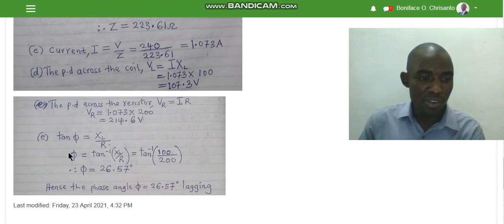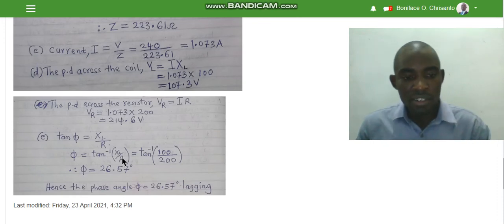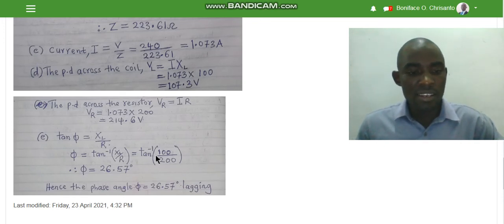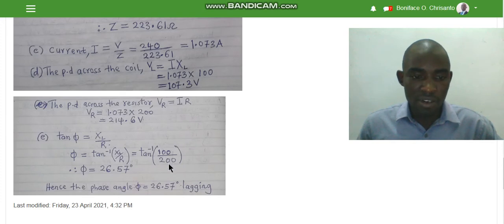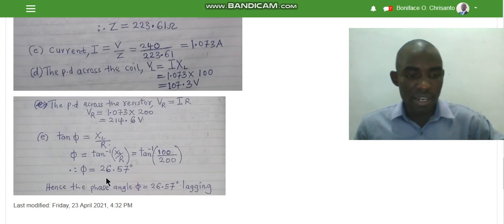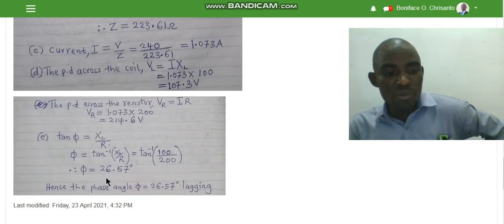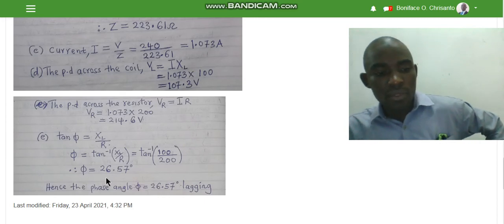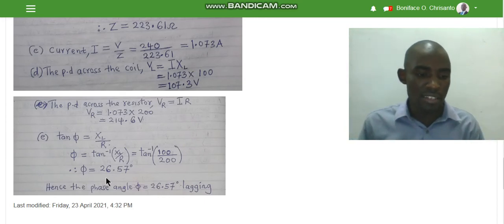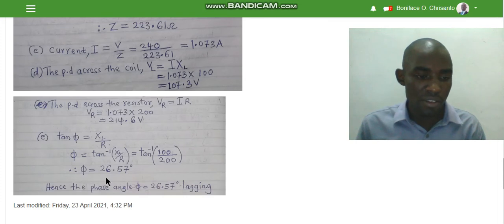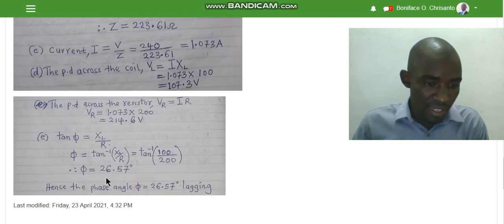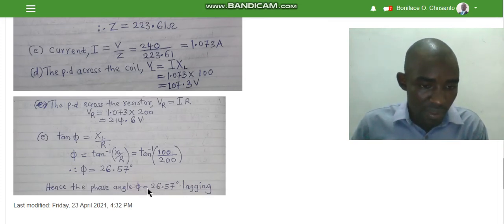So to get the angle, you take tan inverse of XL over R, which gives tan inverse of 100 over 200. You use your calculator, and you get 26.57.